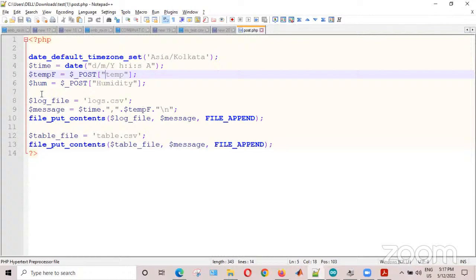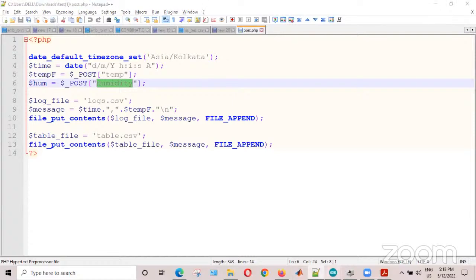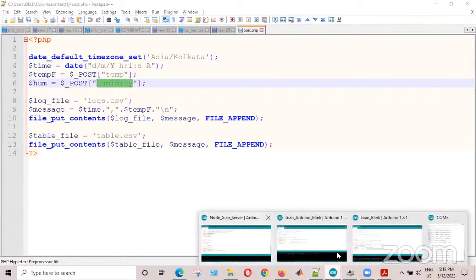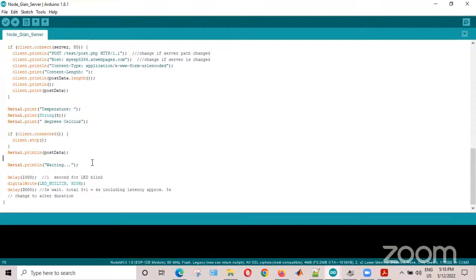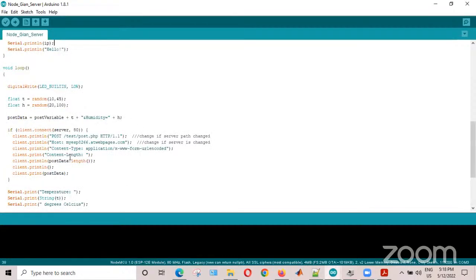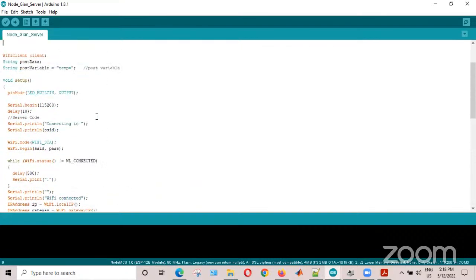Now, whenever we are creating a POST request, we are using two variables. One variable is temp, the other is Humidity with a capital H. You can see the same variables present over here also. Two variables are there: Humidity with a capital H, and the other one was temp.